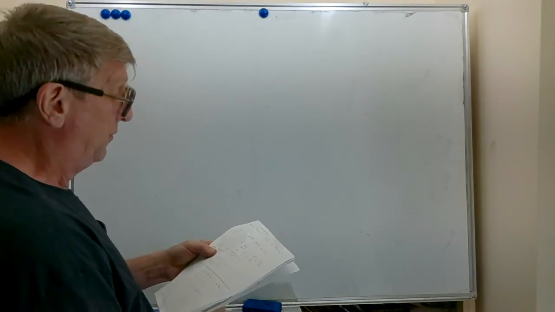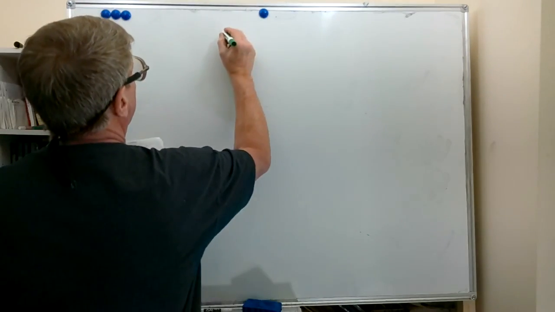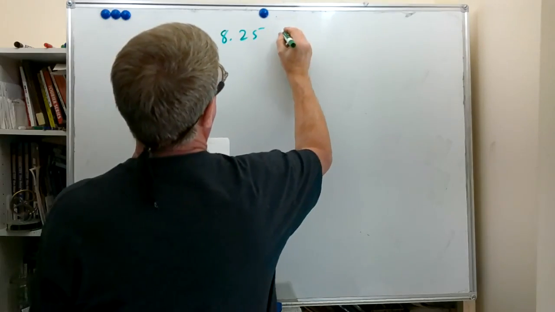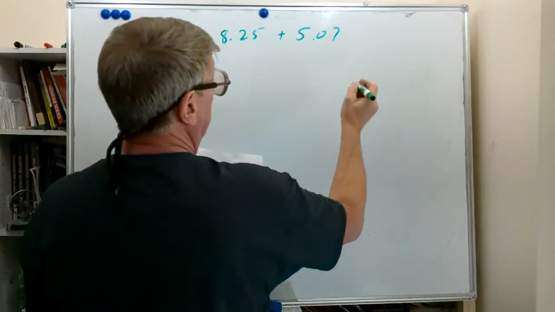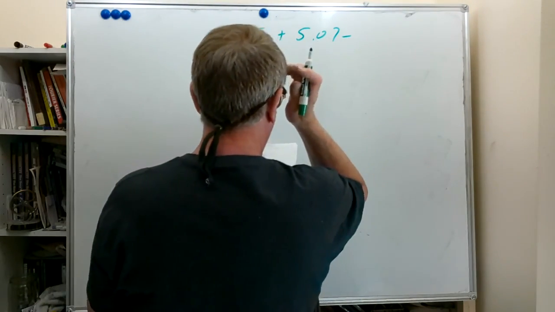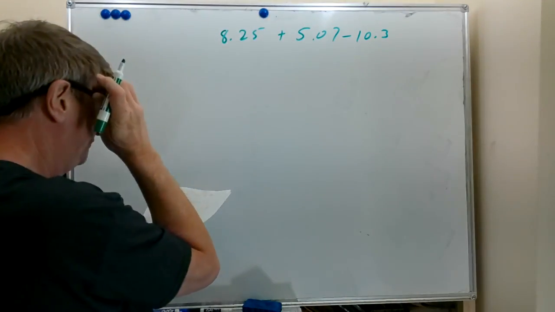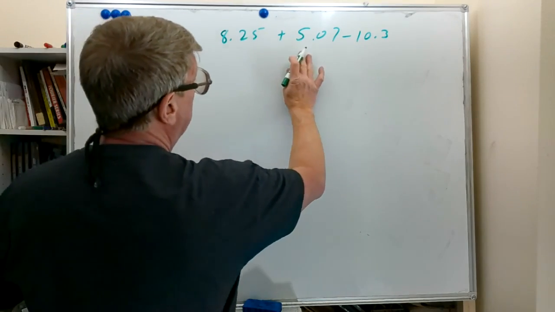We're going to talk about how we add decimal numbers. I'm going to give you 3 decimal numbers. 8.25 plus 5.07, and this is going to have a subtraction, add and subtract actually, minus 10.3. So we have 3 decimal numbers.